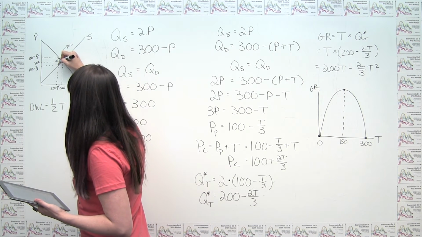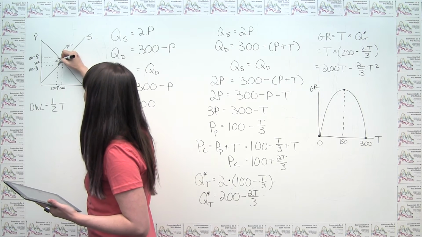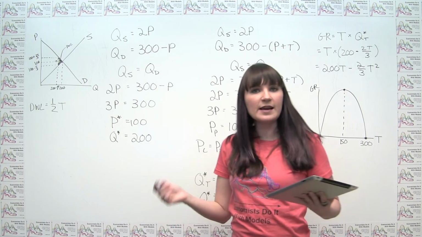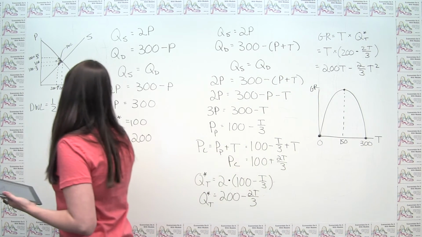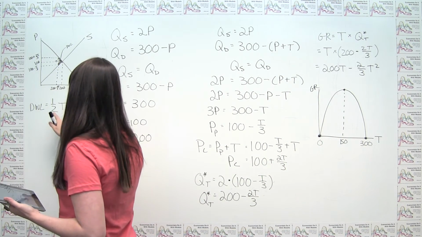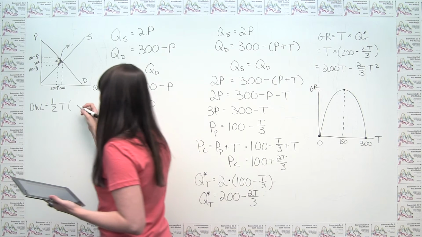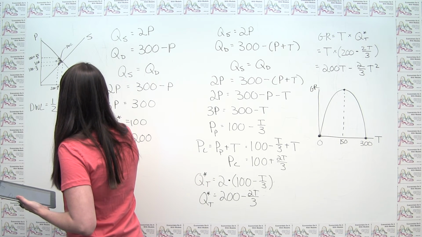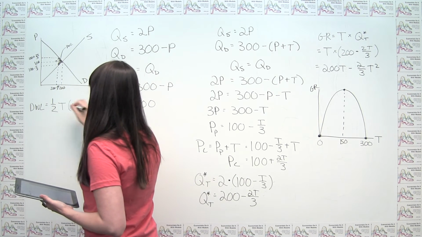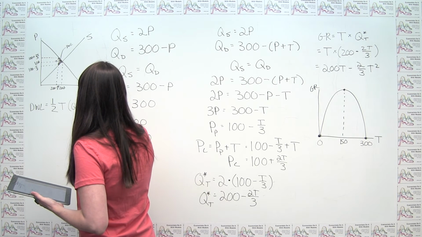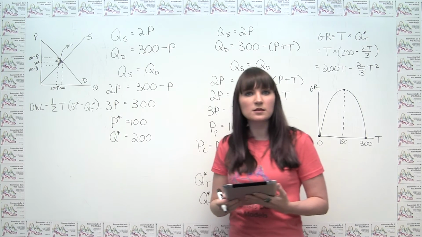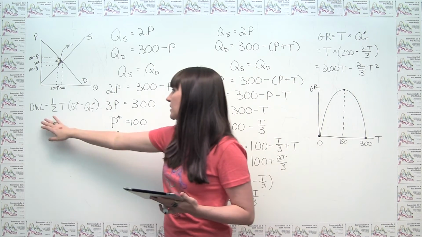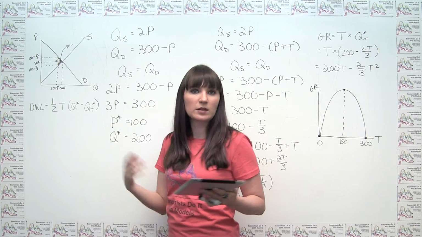And this horizontal distance is just by how much the equilibrium quantity went down once the tax was put in place, right? So we could say here that this is going to be 1/2 times base times, I'm going to represent the height as our original market Q star minus Q star once the tax was put in place. This is somewhat of a more precise definition of what deadweight loss actually is.